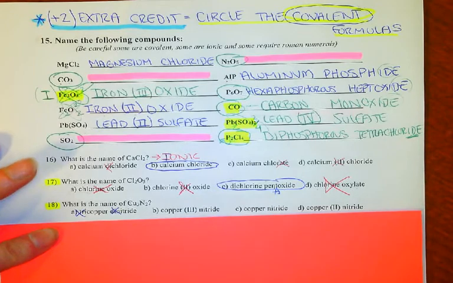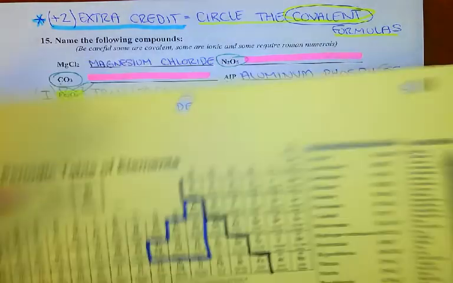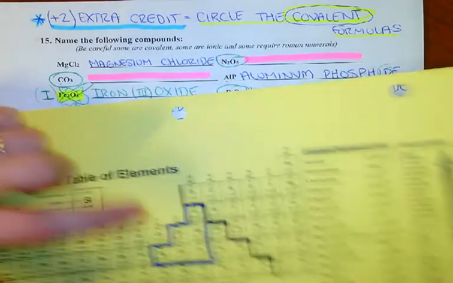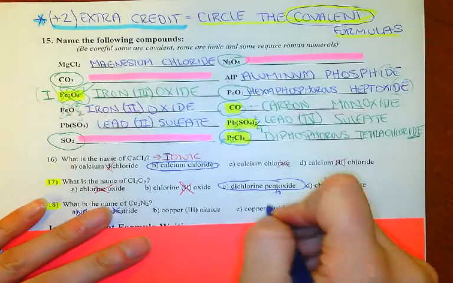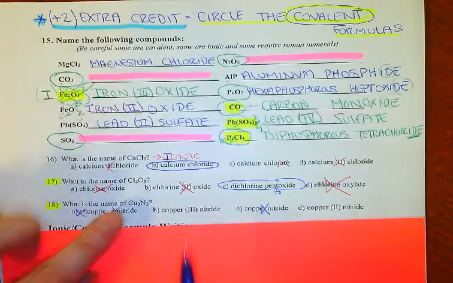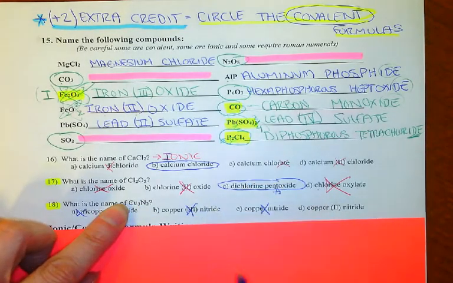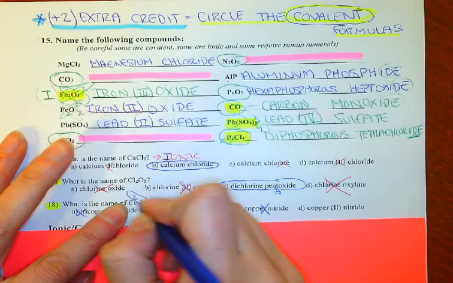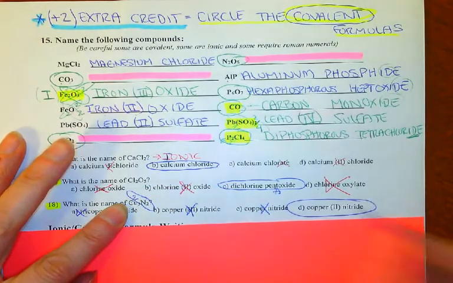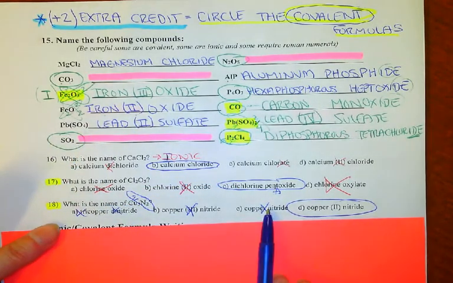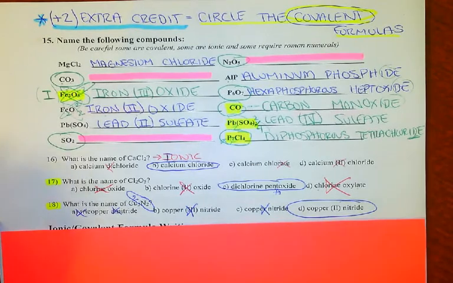Now if it's ionic, we have to check for Roman numerals, and copper is not in the exception block, which means it has to have a Roman numeral. So I don't want 3 coppers nitride. I want to say copper making a 2 charge nitride. So I found my 3 garbage answers, and that showed me where my right answer was. Take out the garbage, okay?